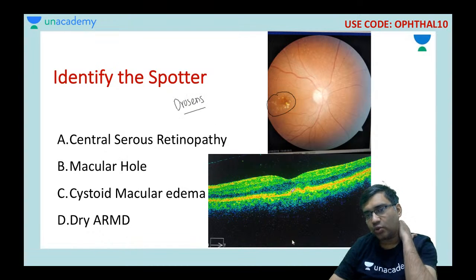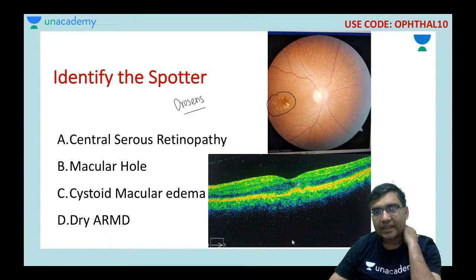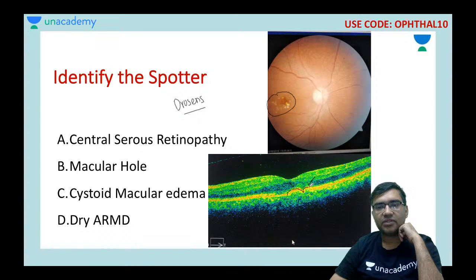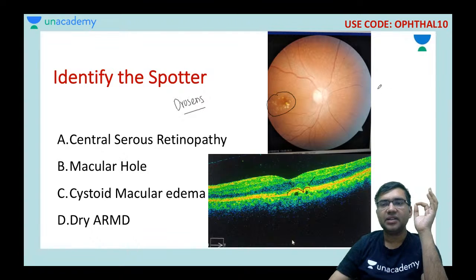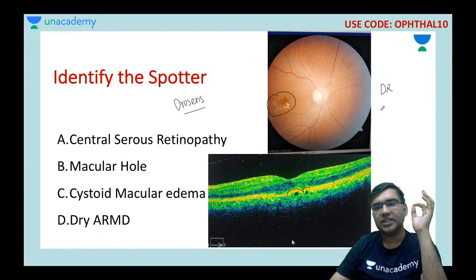Similarly, in the OCT, you can see that in the center of the OCT, there is an elevation of the retinal pigment epithelium. This elevation of the retinal pigment epithelium at the center of the macula is because of some deposits in the Bruch membrane of the choroid. Okay, these are called drusen, and remember, DR goes with DR. Okay, so drusen are there in dry ARMD.